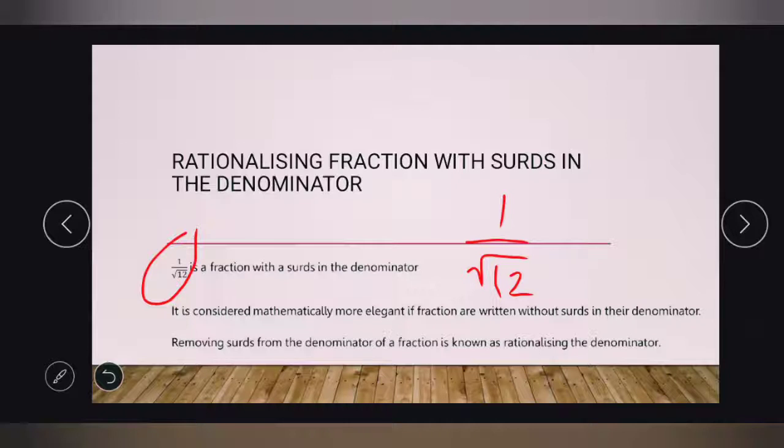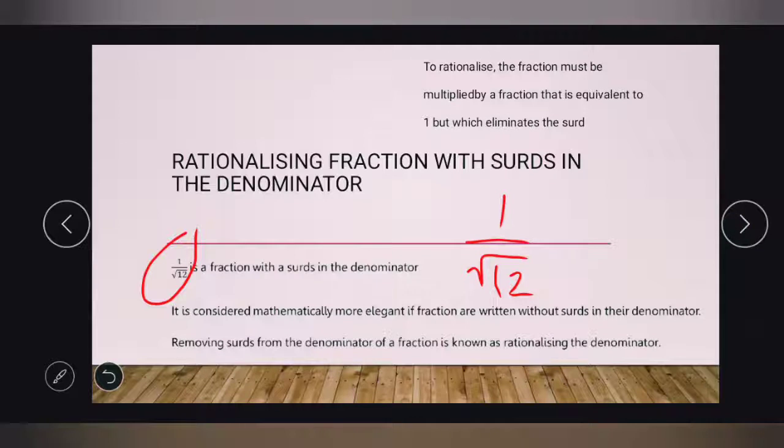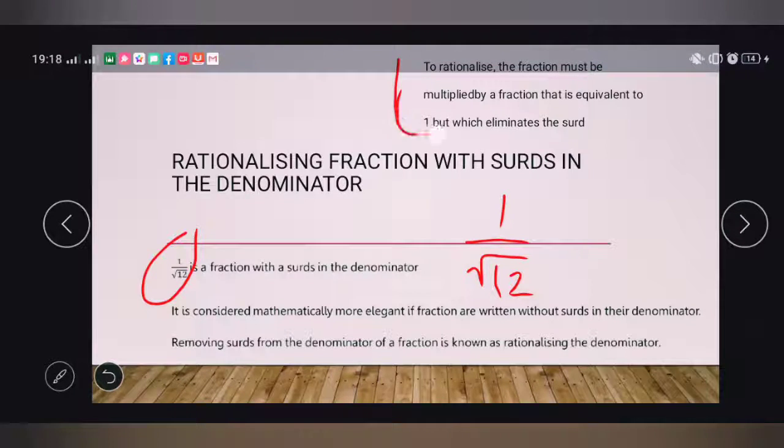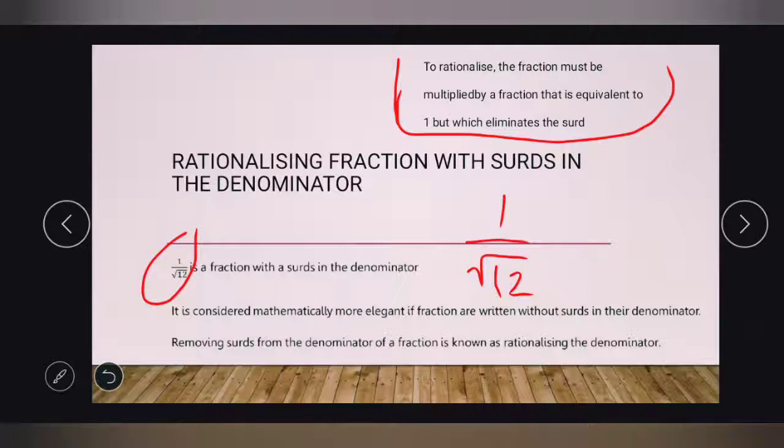Removing surds from the denominator of a fraction is known as rationalizing the denominator. To rationalize, the fraction must be multiplied by a fraction that is equivalent to 1 but which eliminates the surd.